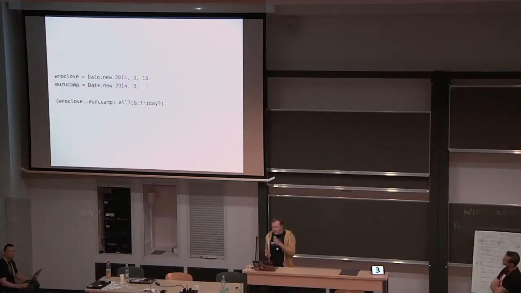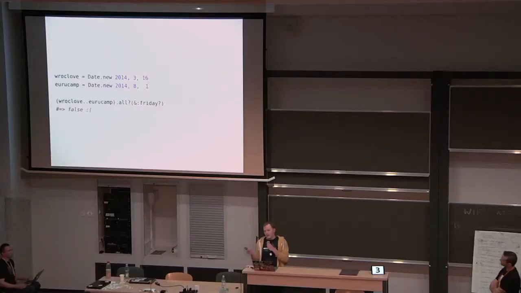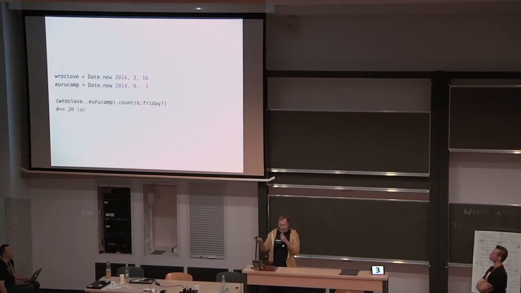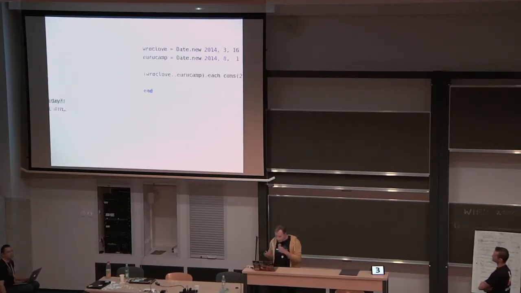And we can check whether all the days between now and Eurocamp are going to be Fridays, but unfortunately not. But we can count how many of them are going to be Fridays, and there are going to be 20 Fridays. And we can actually select all the Fridays from today until Eurocamp, and we will get a nice array of Fridays.